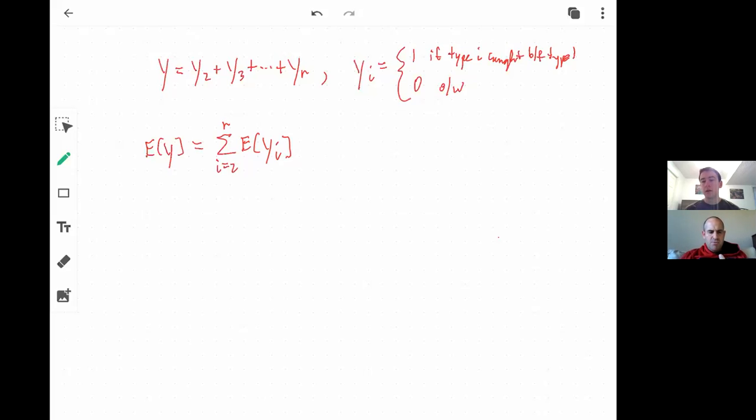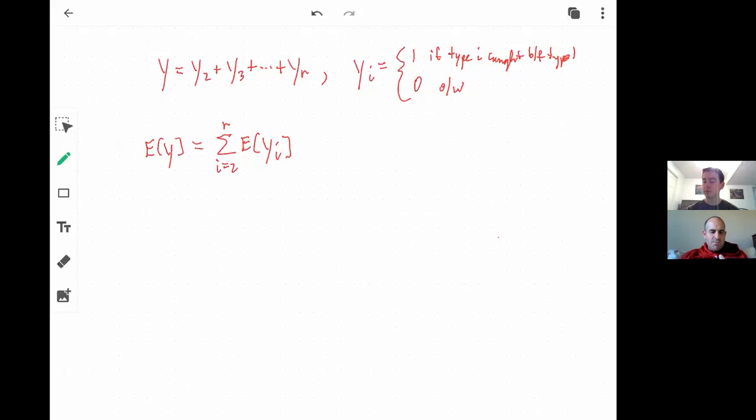Type i caught before type 1. So basically, the only difference is you have different probabilities for the different i's, right? But other than that, the solution's going to be the same for each one of these expected values.